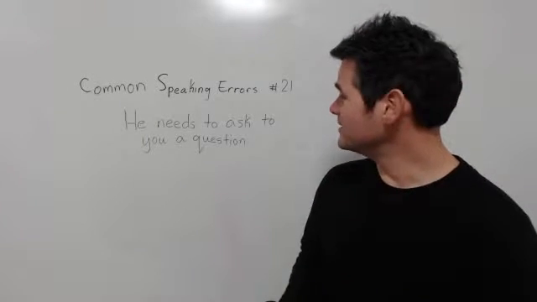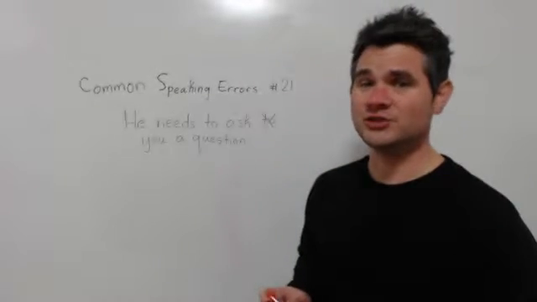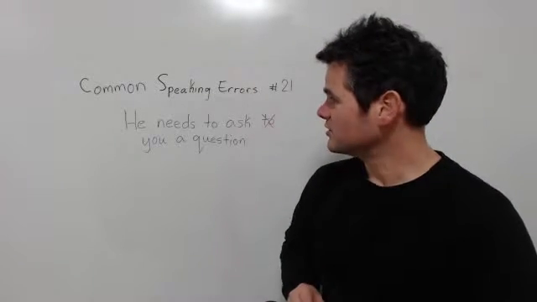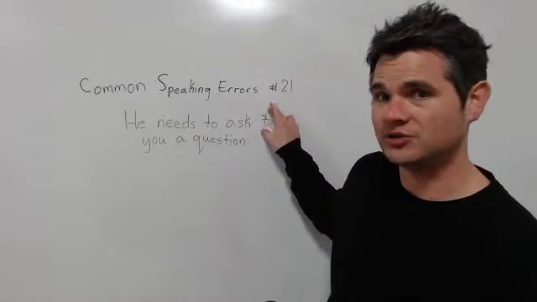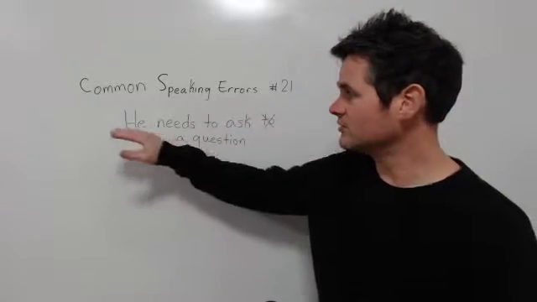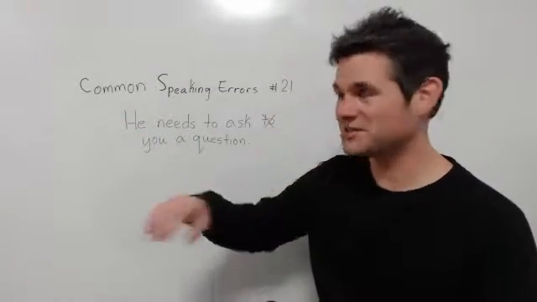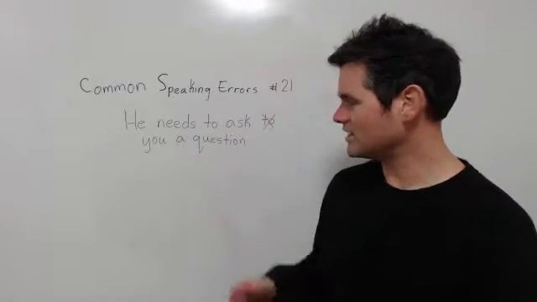So the fact of the matter is we do not need the preposition to in this sentence. So when you're making a sentence with to ask, you do not need to after the verb or the infinitive ask. So the sentence can just read, he needs to ask you a question.